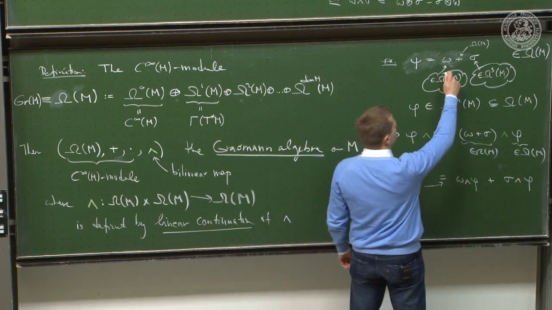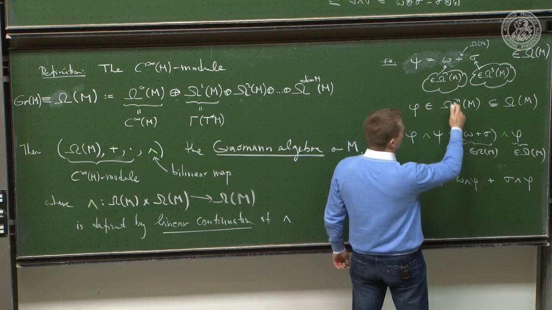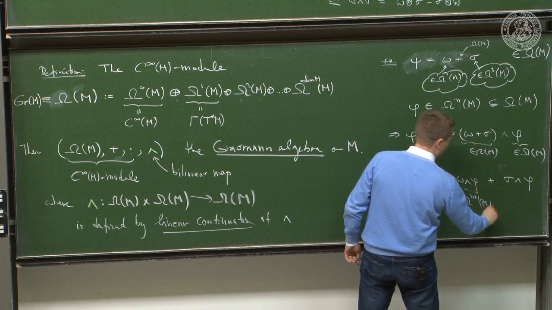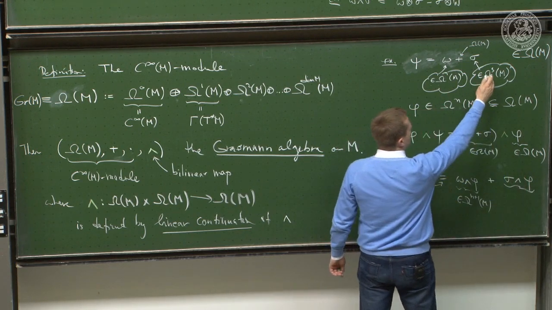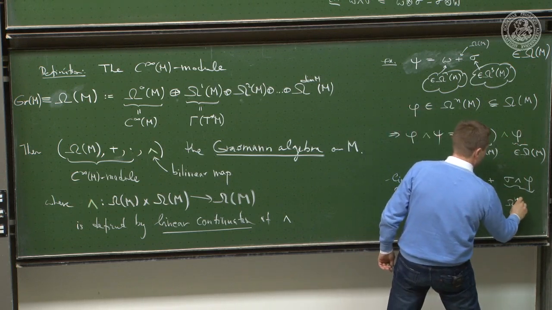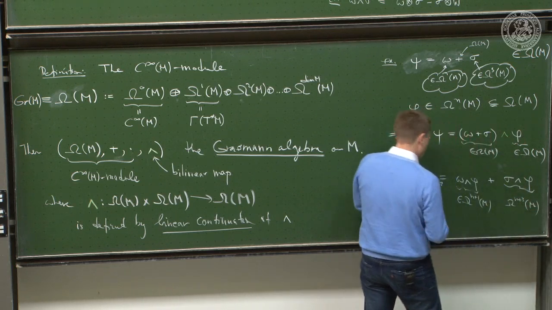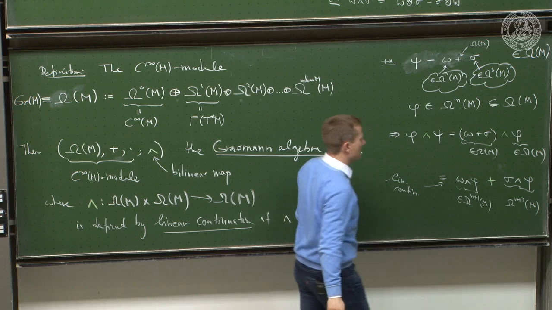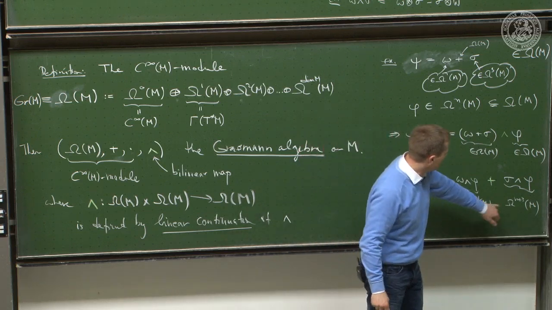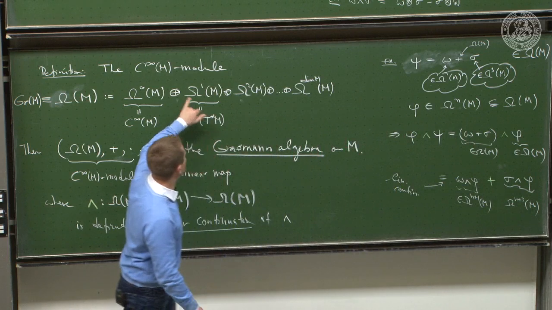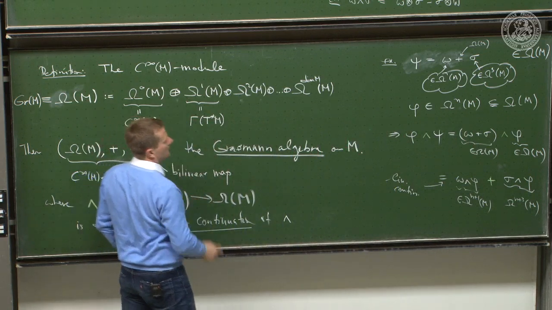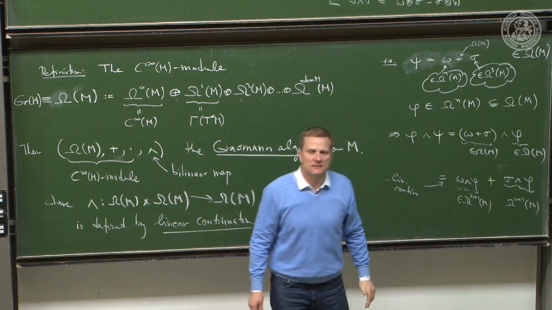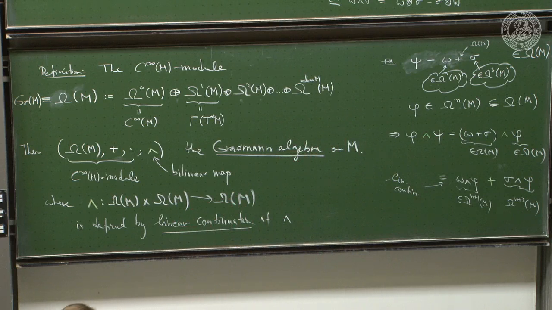Now, omega is a 1 form, phi is an n form, so this whole thing is an n plus 1 form on M. And over here you have a 3 form and an n form, which is an n plus 3 form on M. And now this plus is the plus on omega M, because obviously you have to take an n plus 1 form and an n plus 3 form, that can only be a plus as it comes from this omega, and that is defined as the linear continuation of this.